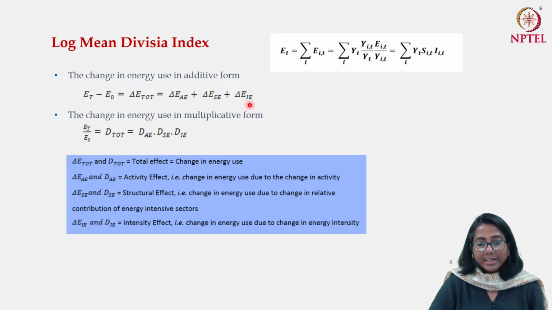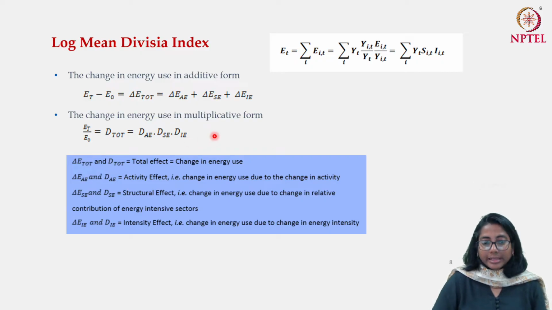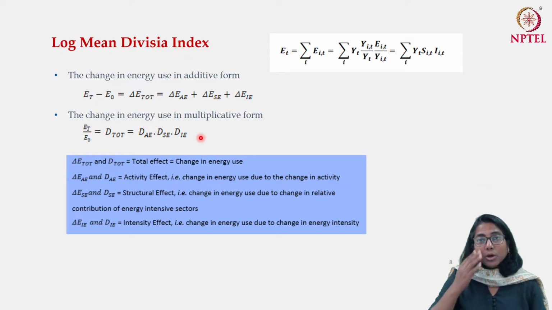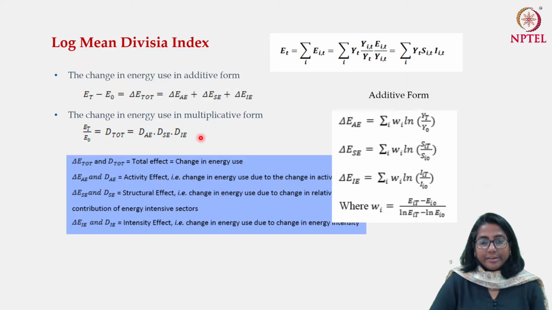So this is the additive form and this is the multiplicative form. Now we have to see what the exact expressions are for the activity effect, structural effect and energy intensity effect. I am going to talk in detail about the additive form, and the interpretation for the multiplicative form is going to be quite similar and you can do that on your own.